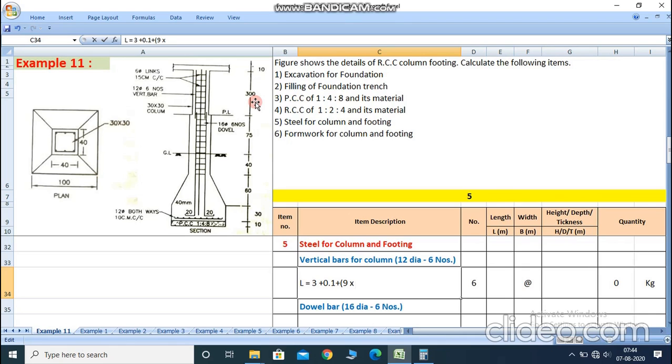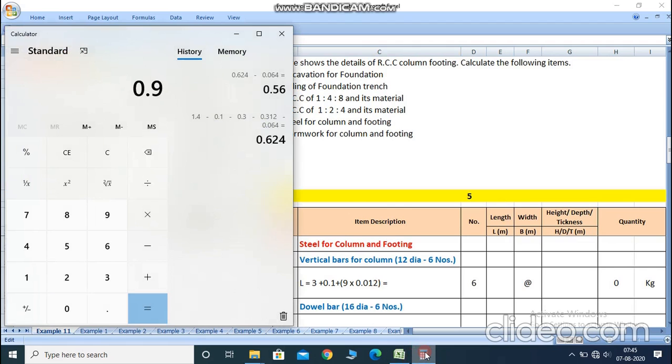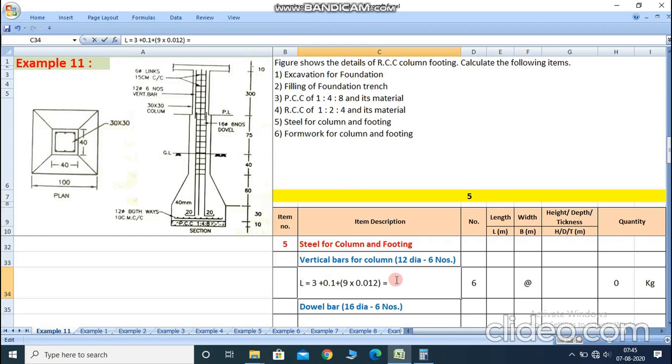Diameter is 12 mm, converted to meter 0.012. Bracket is closed. So multiplying and summing all the values, 9 multiplied by 0.012 plus 0.1 plus 3, we get 3.11 as the total length of the bar.